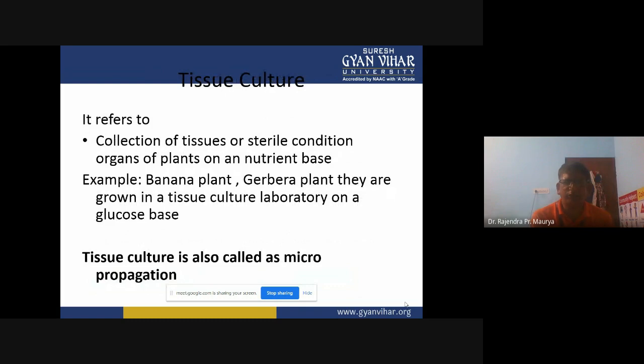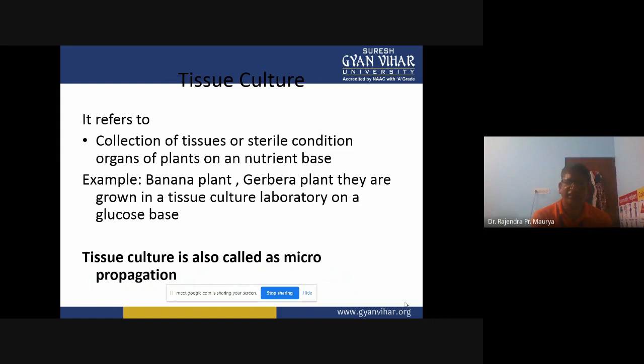Tissue culture. It refers to the culture of tissues, organs or plants under sterile conditions on a nutrient base. In this one, various kinds of ready-made media we can use, like MS medium. MS medium is Murashige and Skoog 1962 medium.